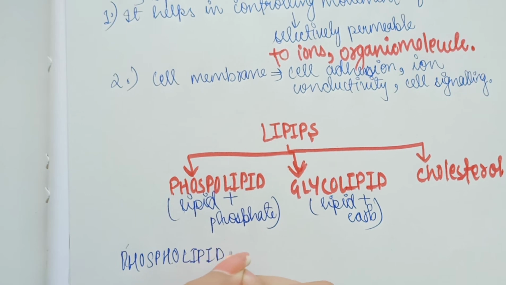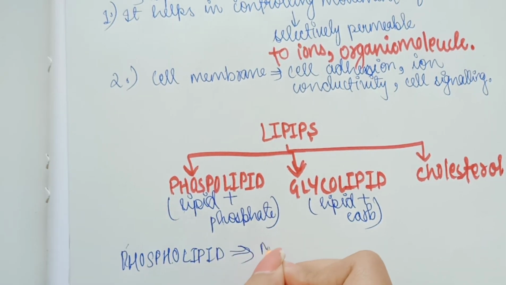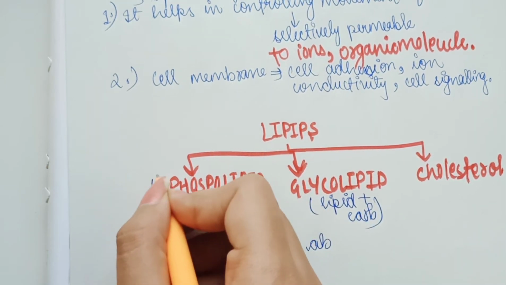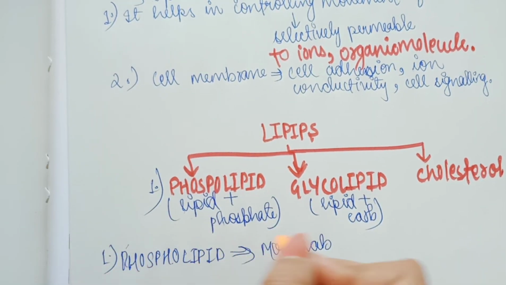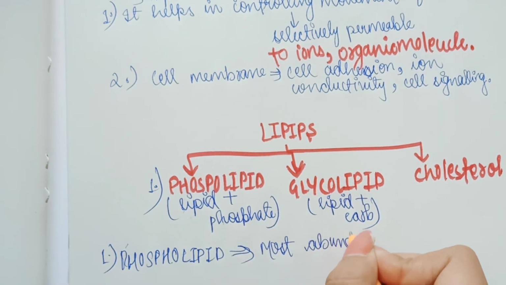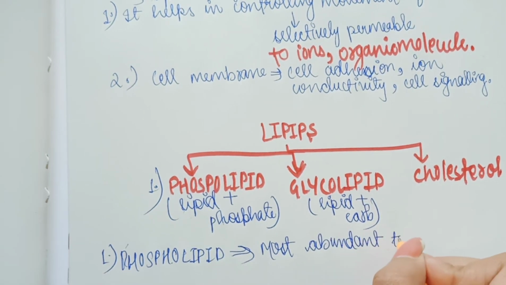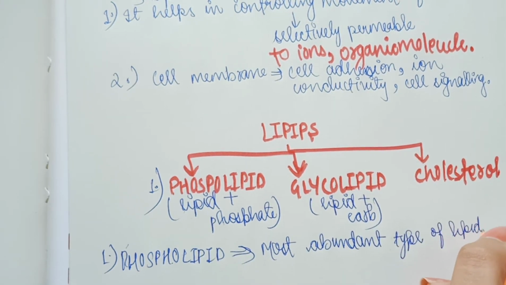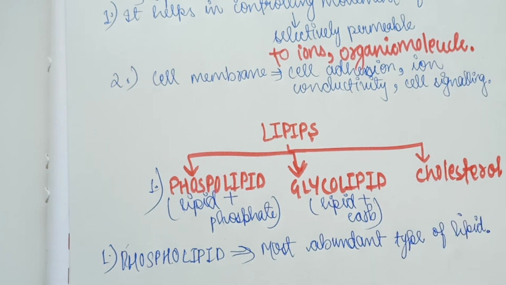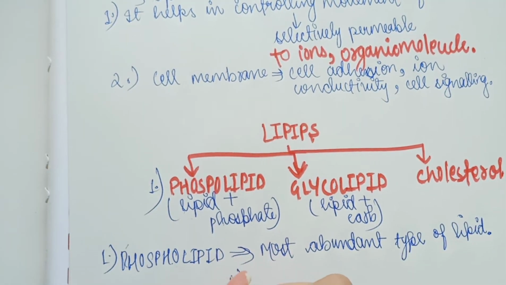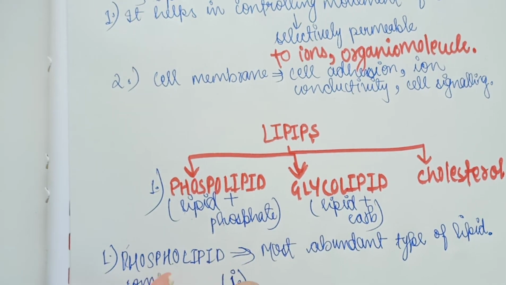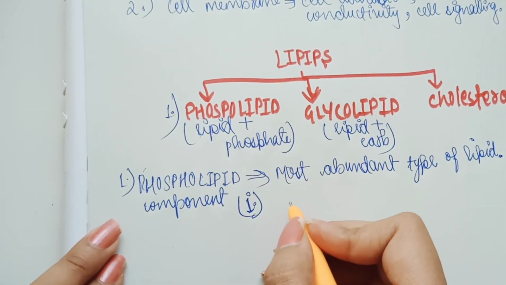Phospholipid is the most abundant type of lipid. So don't be confused, the most abundant type of lipid is phospholipid. We are discussing the components of phospholipids which are present in the cell membrane.